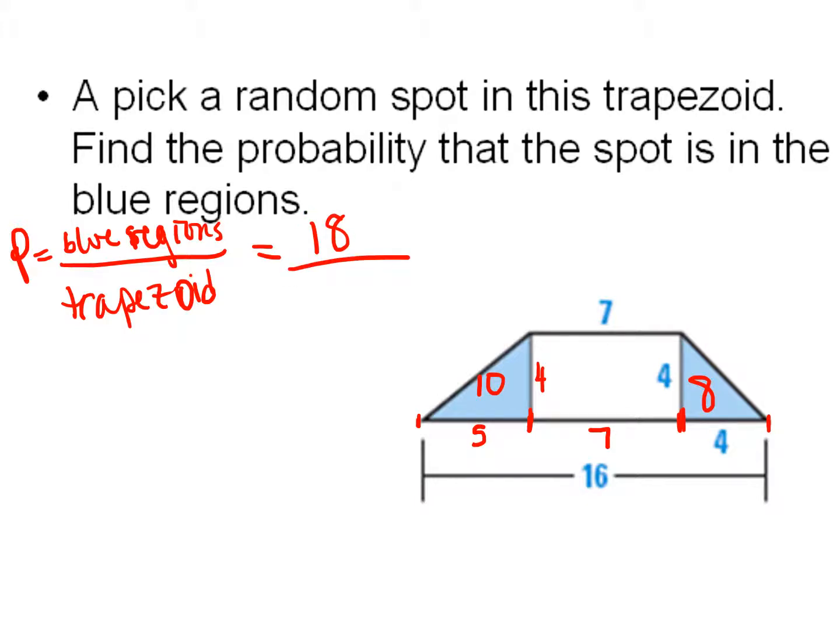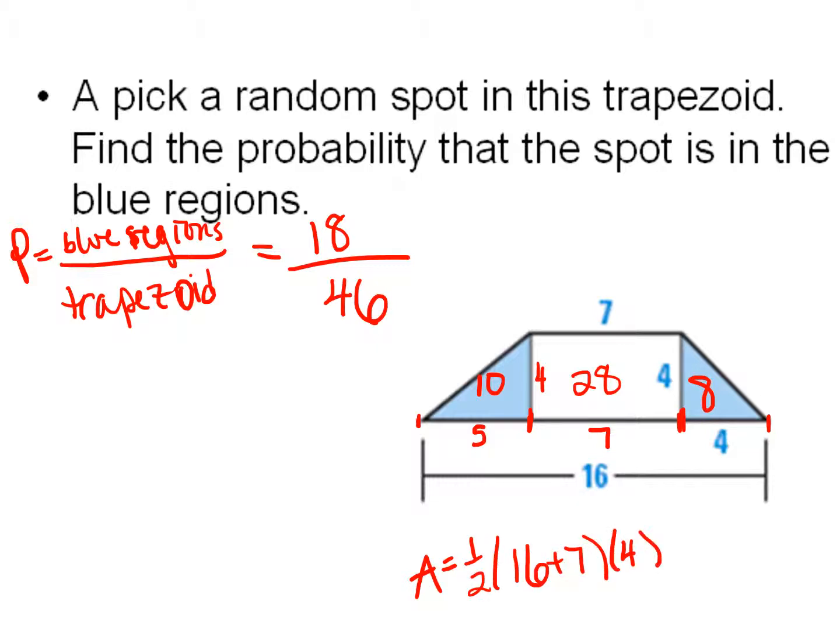Well, the only area that we haven't found yet in the trapezoid is the rectangle, so we should just take 7 times 4, which is 28. Then if we add 10 plus 28 plus 8, we get 46 for the whole entire area of the trapezoid. You could also use the trapezoid formula that we know, which is 1/2 times the base plus the base times the height.